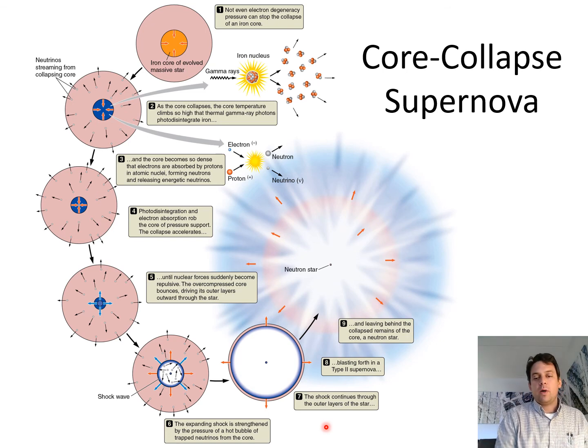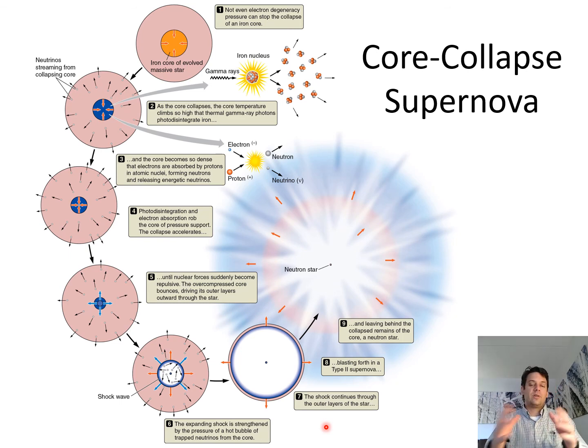So we talked about a type 1a supernova, which occurs when a white dwarf exceeds the Chandrasekhar limit and explodes. This is a core collapse supernova, or a type 2 supernova, which occurs in high mass stars when the iron core becomes too massive to be supported by the internal pressure. When this occurs, you spread throughout the interstellar medium a lot of higher Z elements.